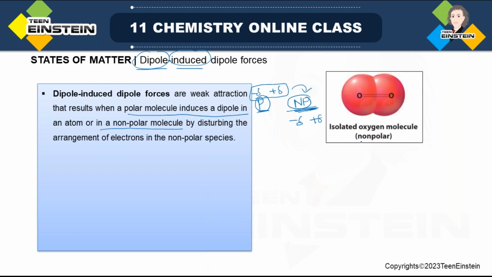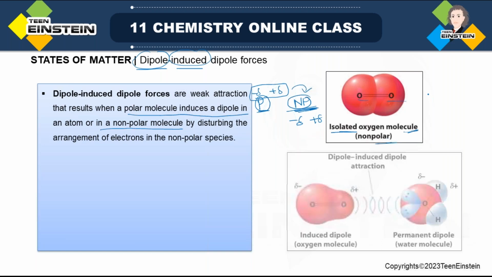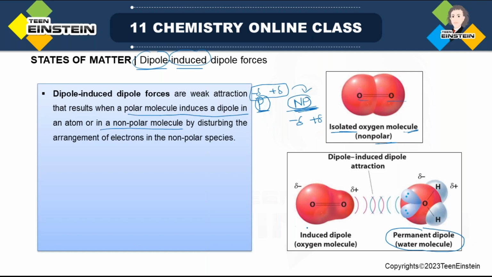So here you can take an oxygen molecule. When it is isolated, obviously it is non-polar because you have the same atom on both sides. But suppose now you have taken a water molecule. The water molecule has a permanent dipole, but oxygen does not have any polar nature. When this water molecule is close to this oxygen, there will be some disturbance in the electron charge cloud.